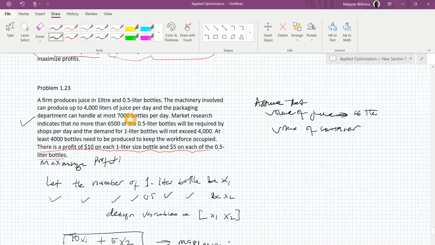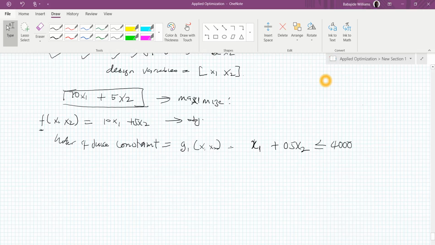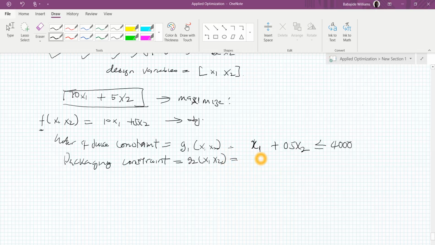At most 7,000 bottles per day. So that's some packaging constraints. So packaging constraints, that equals to, let's call that G2, X1, X2, and that's what now?